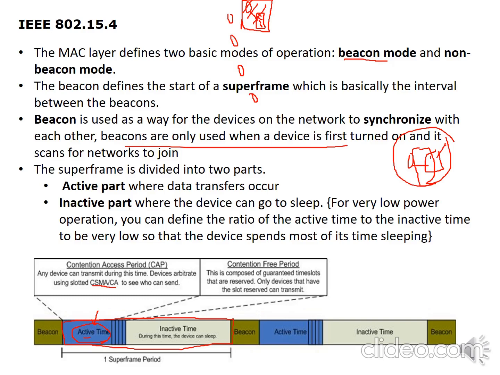But in the contention free period, we have given slots to nodes. So whenever a node has a slot, it can send data. It doesn't need to do CSMA/CA to check whether someone is sending or not, because the slot is allocated for a certain period of time.